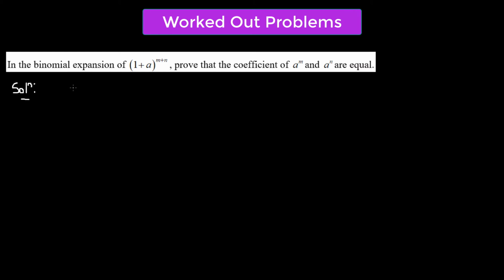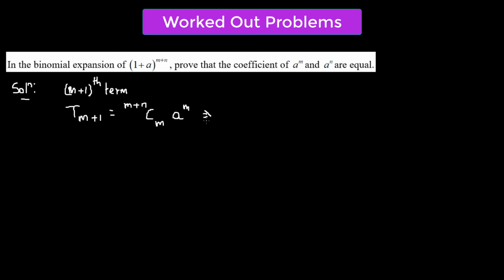So if we consider the (m+1)th term, then we get T(m+1) equals (m+n) Cm times 1 raised to the power of m plus n minus m, which is going to be 1, times a raised to the power of m.